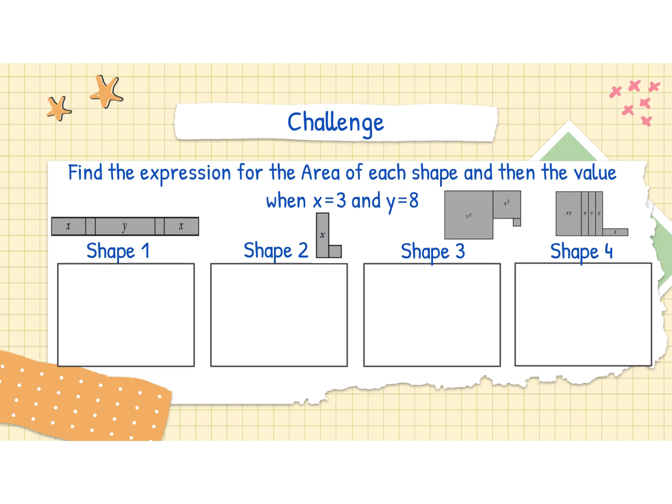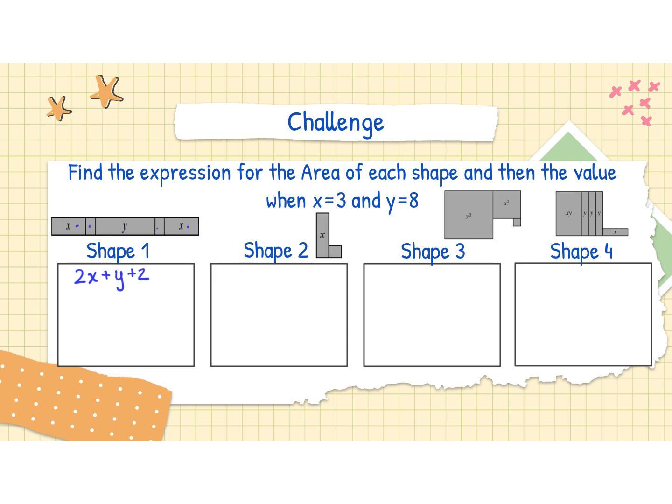The expression for the area of the shape is just taking all of the individual pieces. How many x's do we have? We have 2 of them. How many y's do we have? We have 1. And how many units? These are units, plus 2.